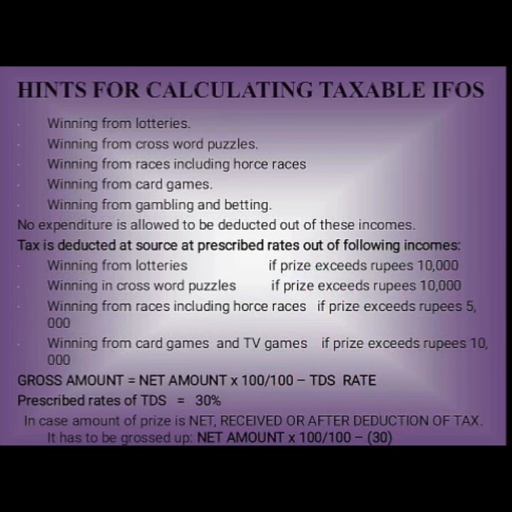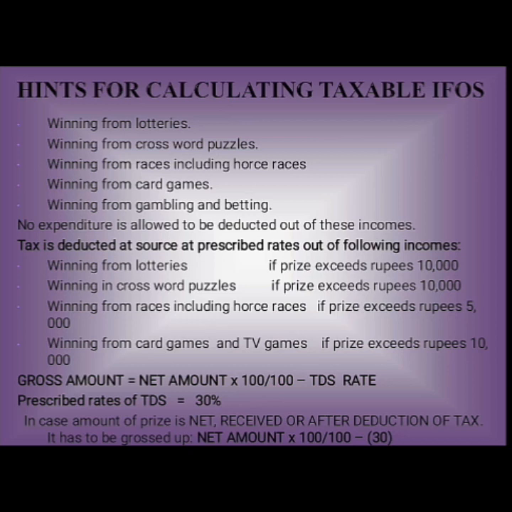Hints for calculation of taxable income from other sources: winnings from lotteries, crossword puzzles, races including horse races, card games, gambling and betting. No expenditure is allowed to be deducted out of these incomes. Tax is deducted at source at the prescribed rate out of the following incomes.